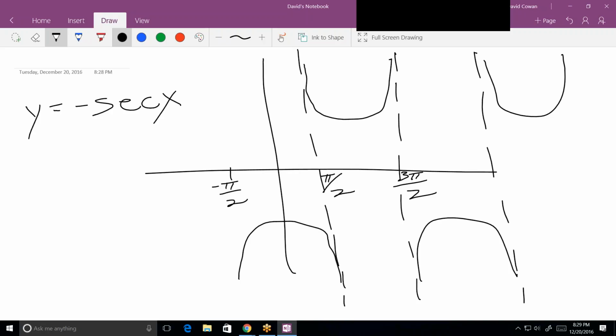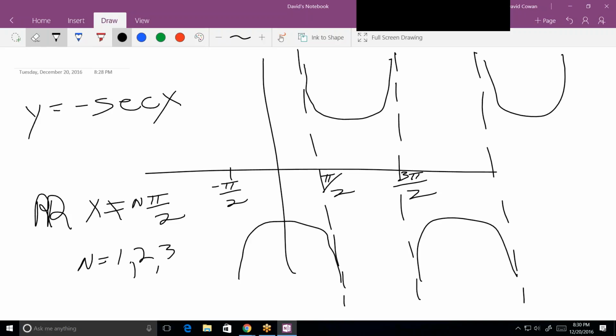And the way you would write that is all reals except x cannot be equal to any multiple of pi over 2, where n equals 1, 2, 3, and so forth. Sorry, that's not right. Here's the way you describe the domain.